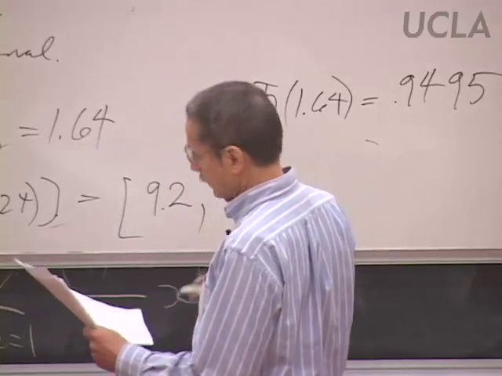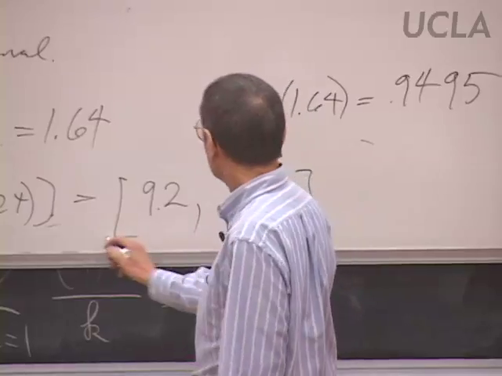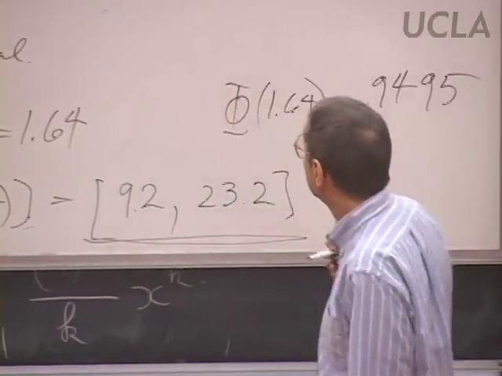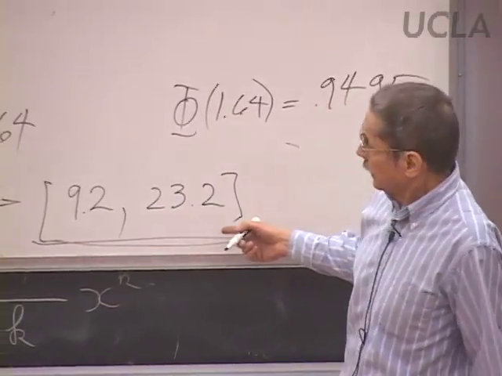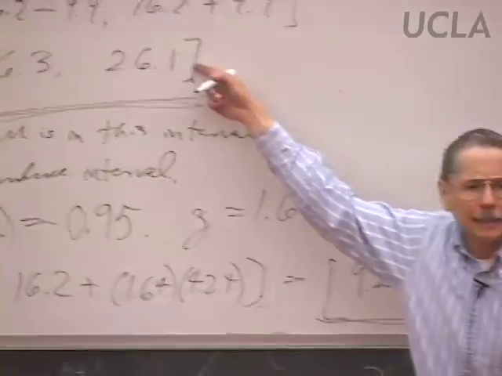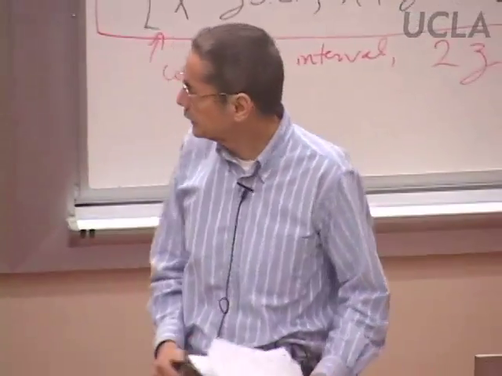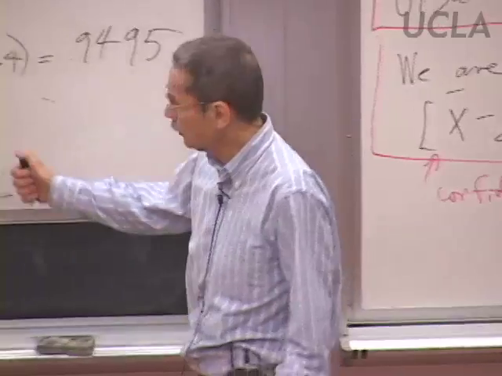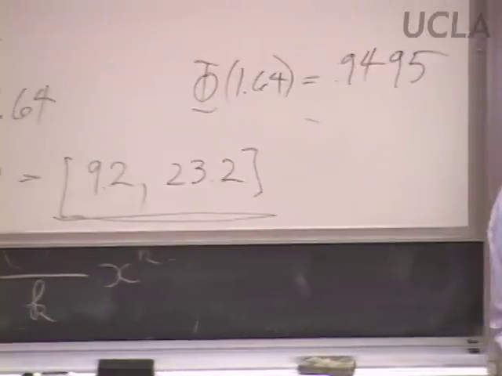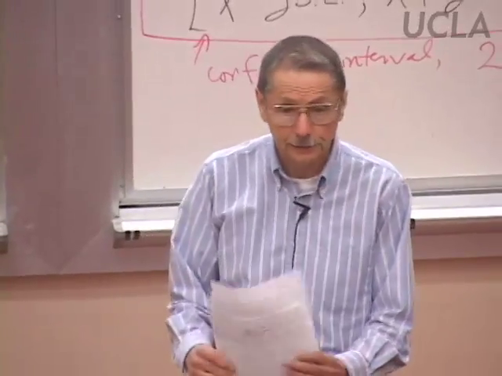It's the interval from 9.2 up to 23.2. Our 90% confidence interval. Yes, it's shorter than the 98% confidence interval. It's still pretty big. If we really wanted to focus more tightly on mu, we'd need some larger study.